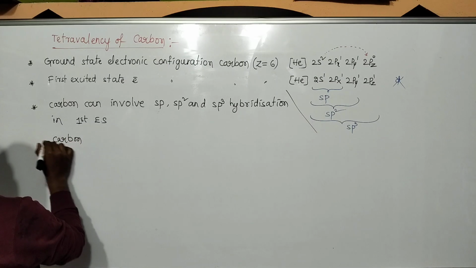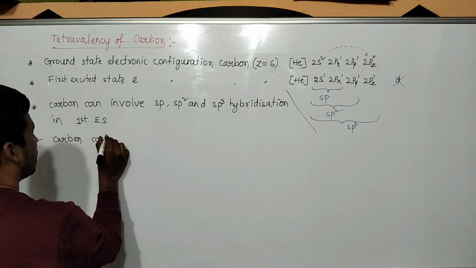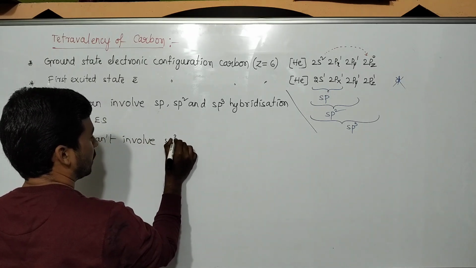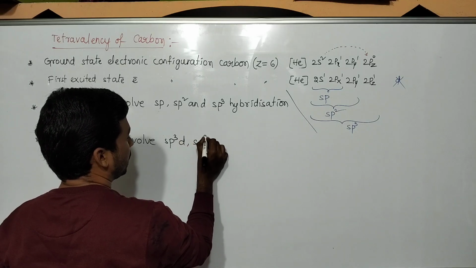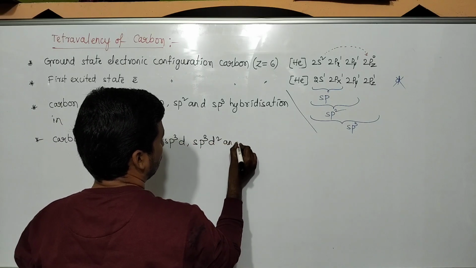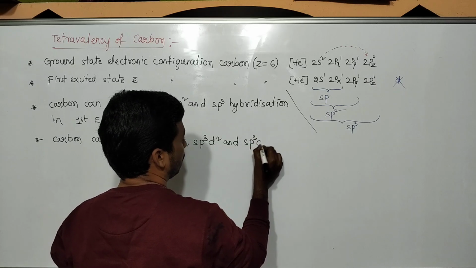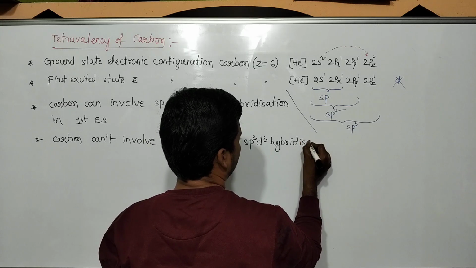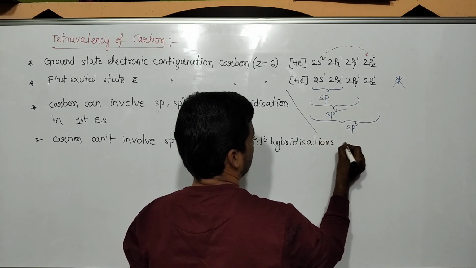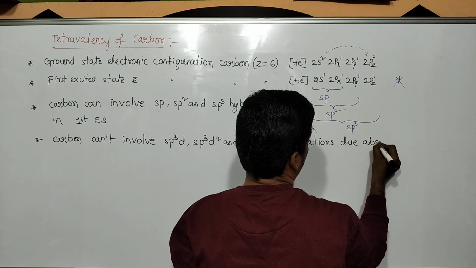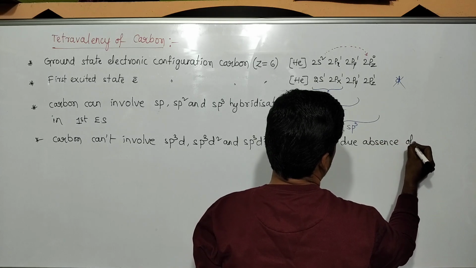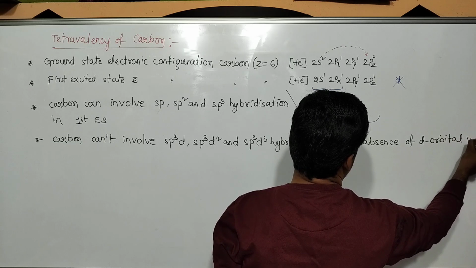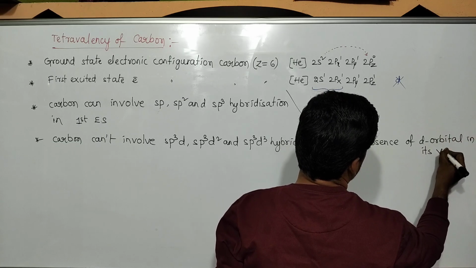Carbon cannot involve sp3d, sp3d2 and sp3d3 hybridization due to the absence of d orbitals in its valence shell.